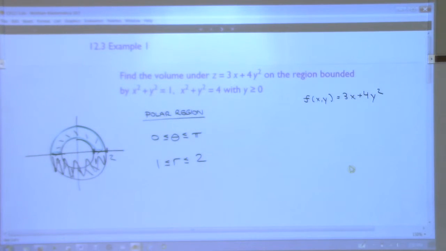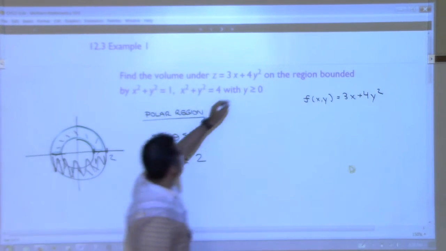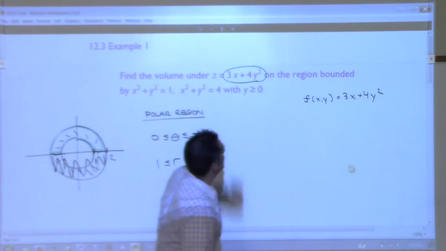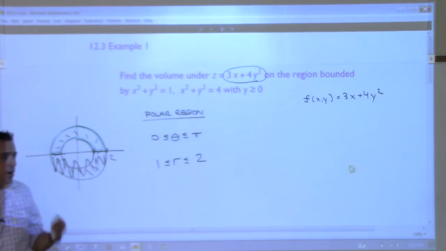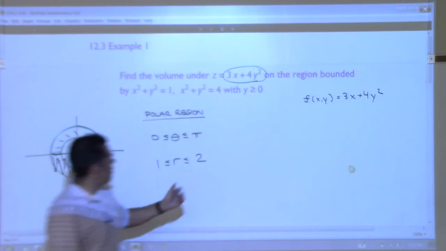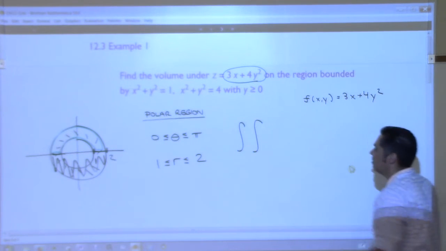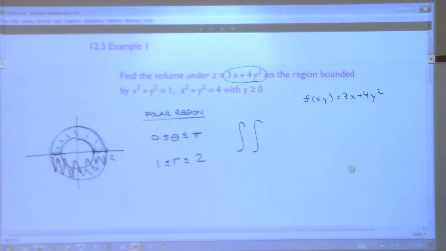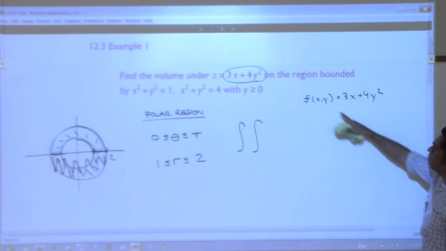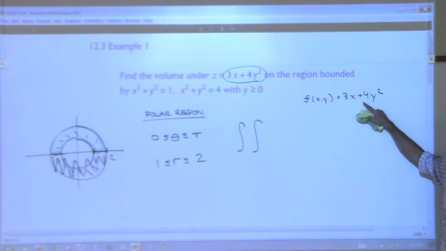But now we need to convert our function. This right here has to be converted to a function of r and theta. You all okay? Okay, so I'm going to set up a double integral. Let's put the limits of integration on at the end. I want to rewrite this, but everywhere I see x, I replace it with r cosine theta, and everywhere I see y, I replace it with r sine theta.